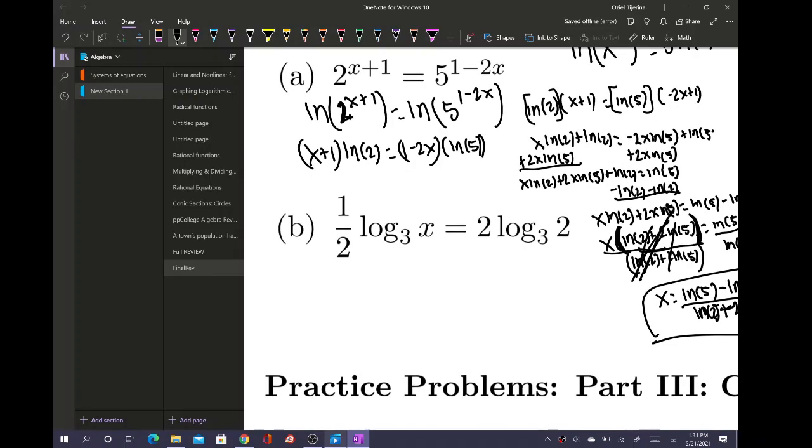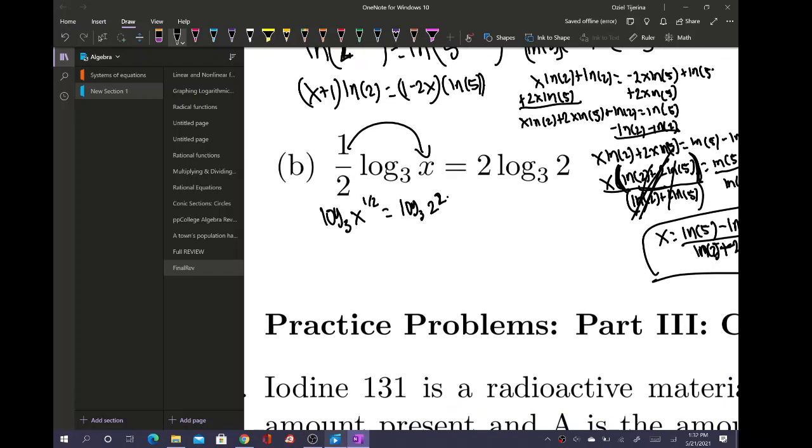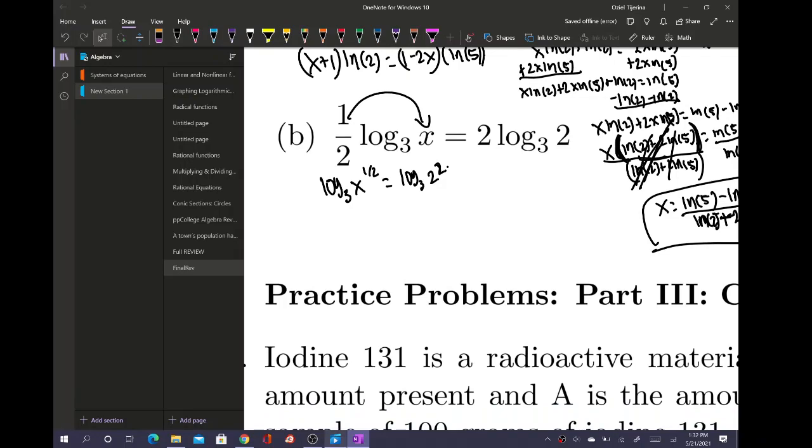1/2 log base 3 of x equals 2 log base 3 of 2. Okay, the one way we can do this one is we can say log base 3 of x to the 1/2, because we can move this up here, equals the log base 3 of 2 squared. Now, this means that x to the 1/2 equals 2 squared.